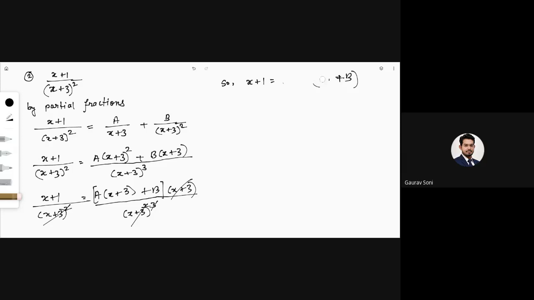So what we have, a into x plus 3 plus b. So put x is equal to -3. So -3 plus 1, the left hand side will be -2, is equal to a into 0 plus b. So this gives me b is equal to -3.